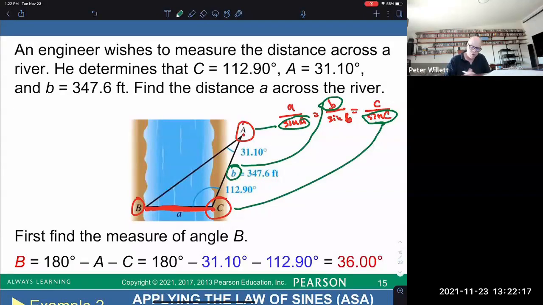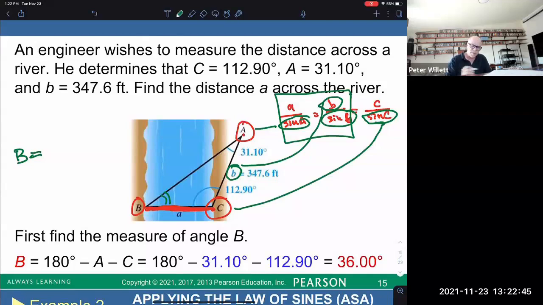However, as we saw in the earlier example, if you're given 2 angles in a triangle, you can find the other angle. In this case, we can find angle B by simply subtracting the other 2 angles from 180. Then if I know angle B, I'll know the bottom of the B fraction as well as the top.